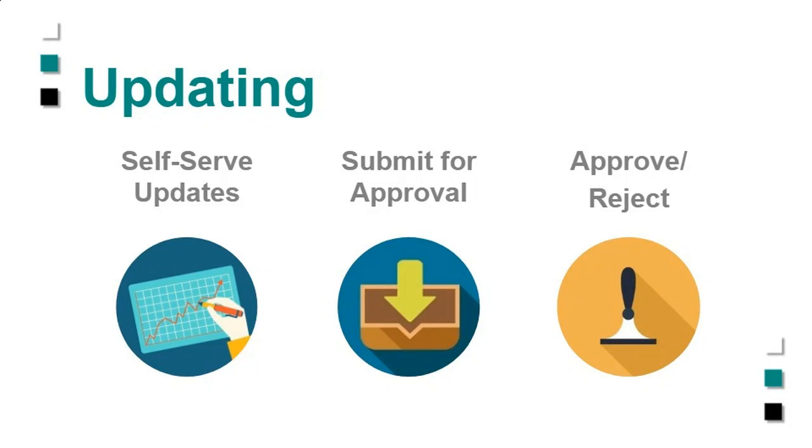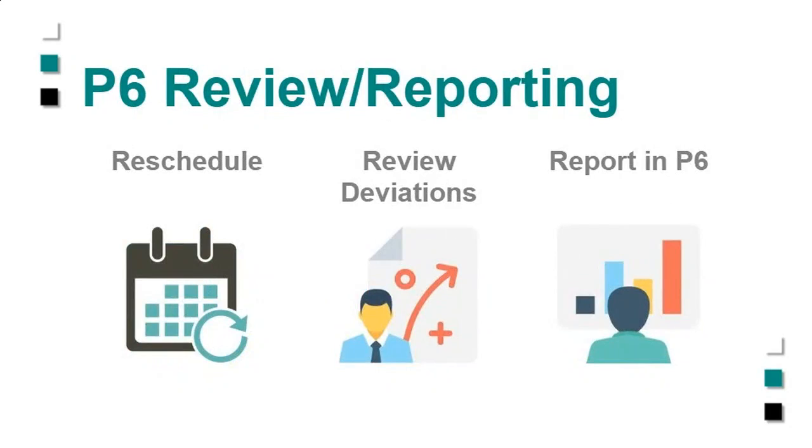We didn't want it to be a very hard, heavy lift. And we wanted to make sure that you could take advantage of the things that you already do in P6, with coding, with layouts, with rescheduling, reviewing things in P6 with your reports that you already use in P6.